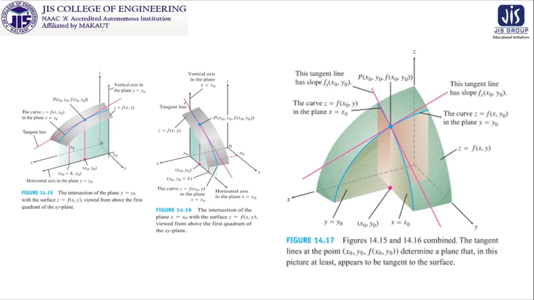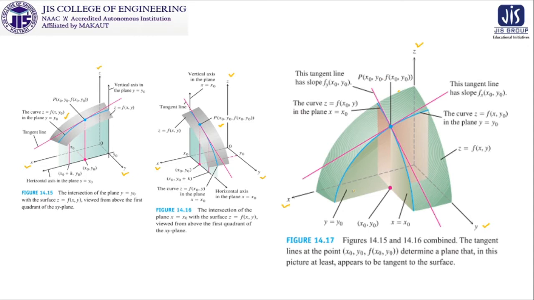Please compare this x-axis similar to this x-axis, this y-axis similar to this y, and this z, this z, and this z same. Now if this is your whole surface, this is the part analyzed here, this is the part analyzed here. Now we are going to analyze the whole thing.